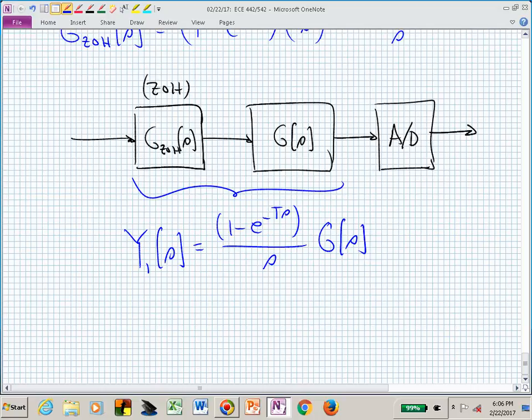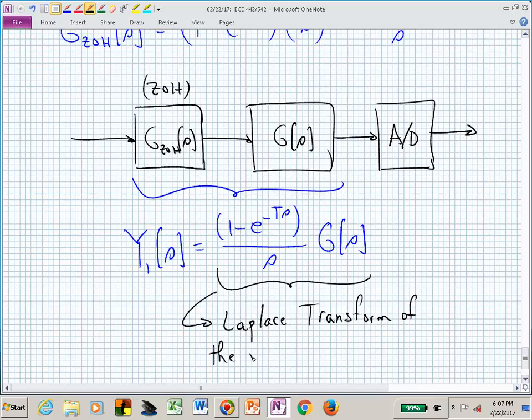But it will be some linear system that we can describe by a transfer function. This is now really the Laplace transform of the unit pulse response of our system.